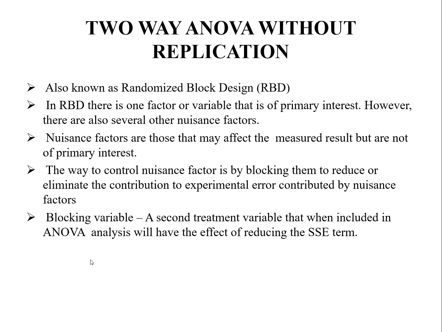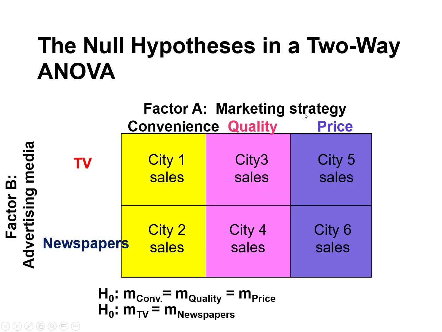So in two-way ANOVA, as I already mentioned, there are two types of categories. One is without replication or without interaction. In some books and research papers, they call it without interaction. For example, in the last question, marketing strategy and advertising media impact on the sale, but they individually check the impact of marketing on sale, convenience on sale, quality on sale.